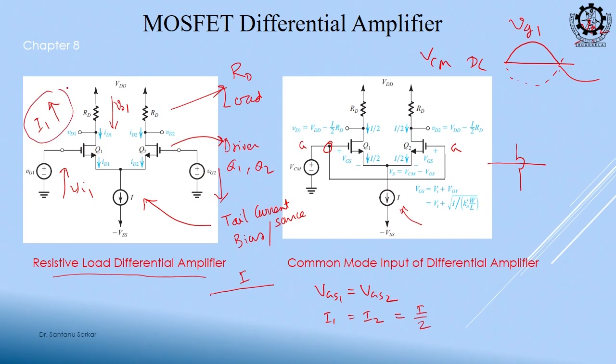So, the other current should decrease, so that the total current is constant. If this current is decreasing, this voltage will increase. So, VI1 and VO2 are actually in phase. So, my delta V should be VO2 minus VO1, agree?